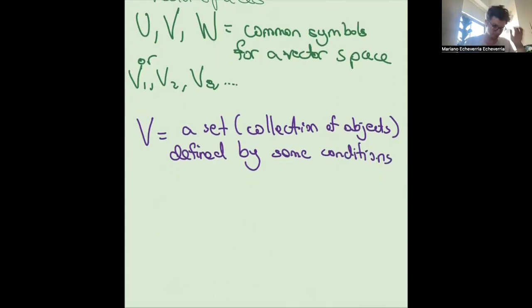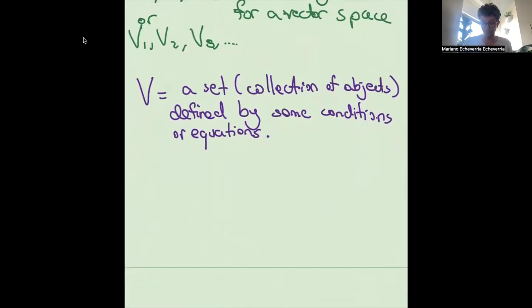What makes this deserve the name of a vector space is that it has the following two properties. Whenever you have to check that something is a vector space, you need to check these two properties.